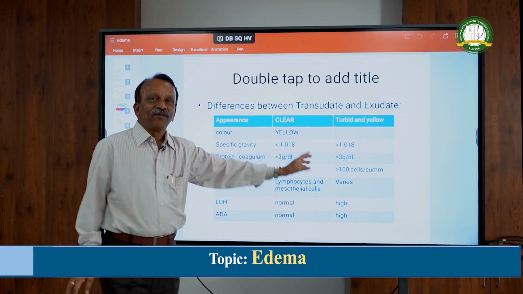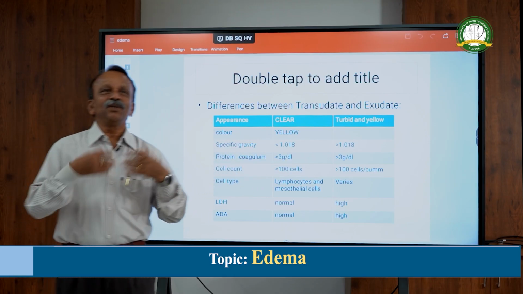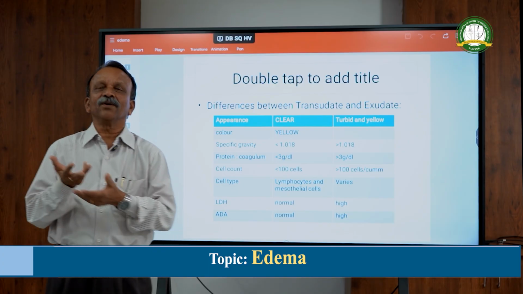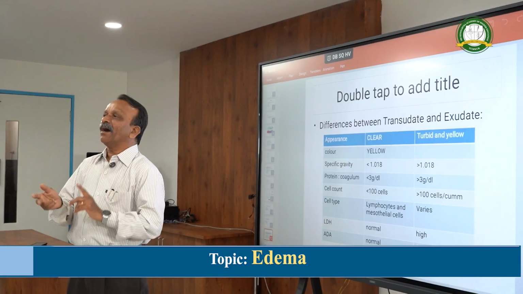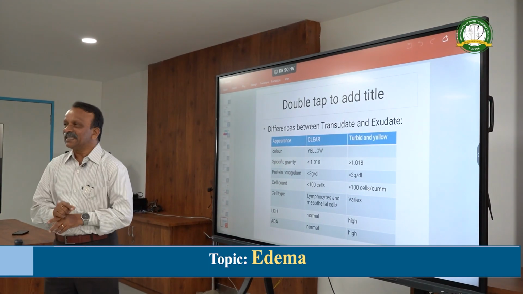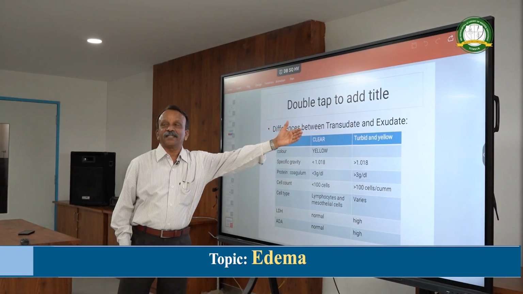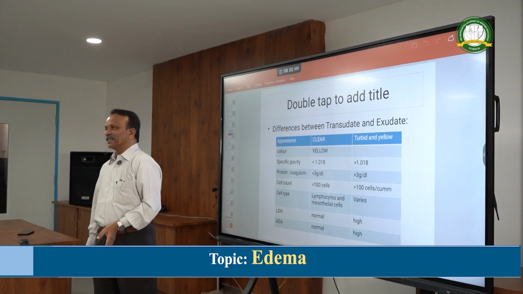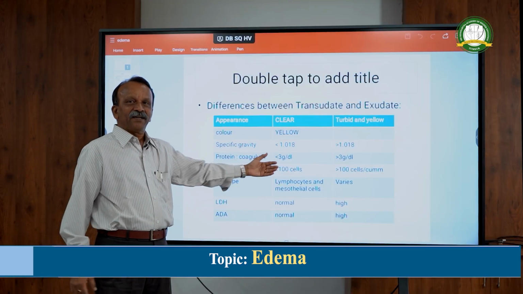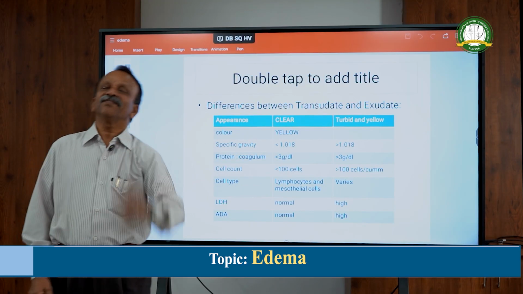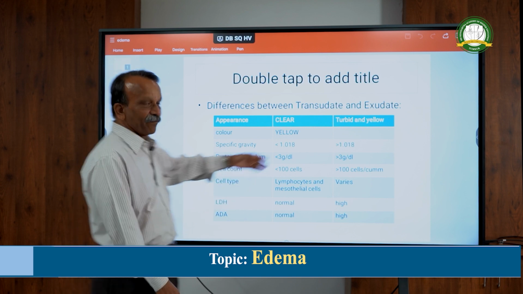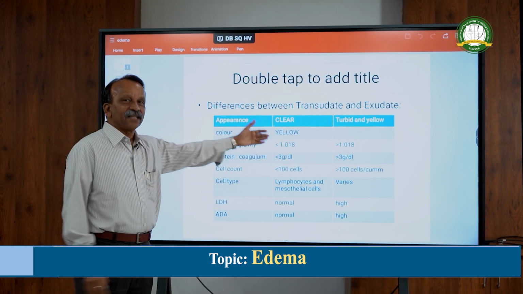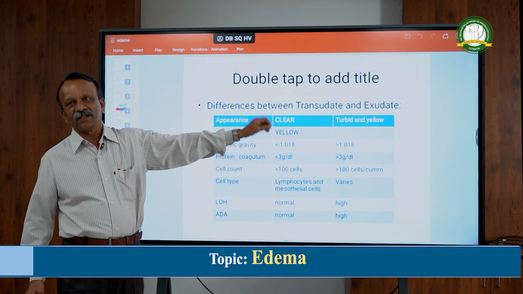If the edema is due to the passive process like congestive heart failure, or the renal edema, or cirrhosis of the liver, in these cases the fluid, we call it a transudate. And what is the difference between transudate and the exudate? This is very important to know the etiology of the edema. Is it inflammation or a non-inflammatory cause? This can be asked as a 5 marks question in your theory paper.